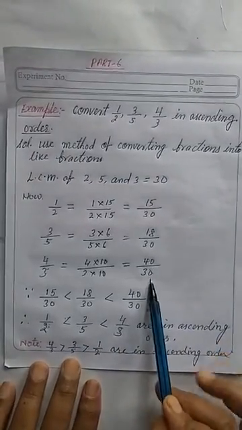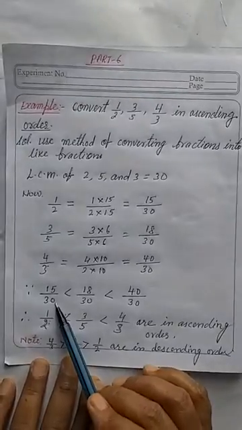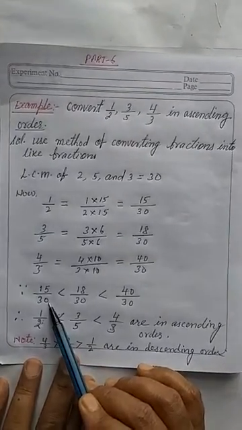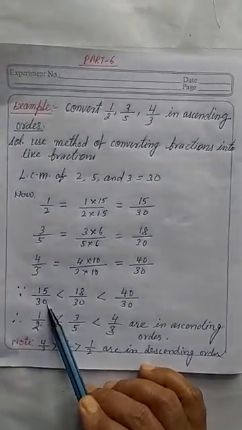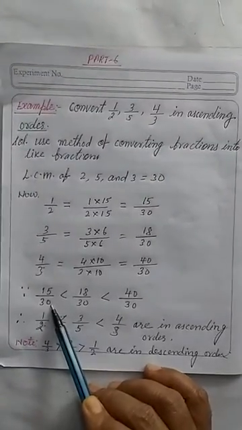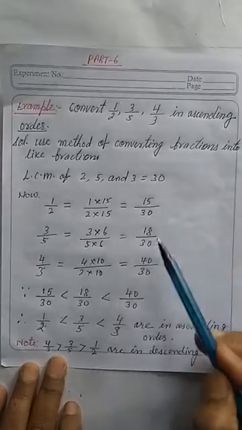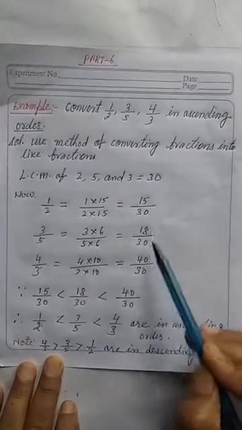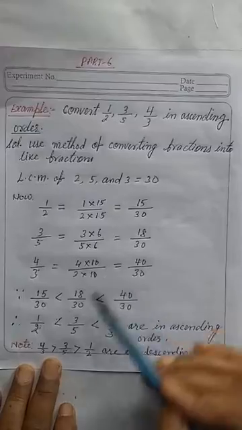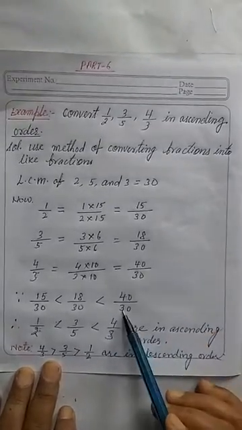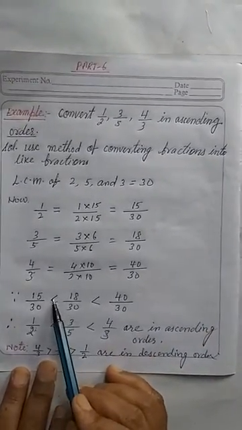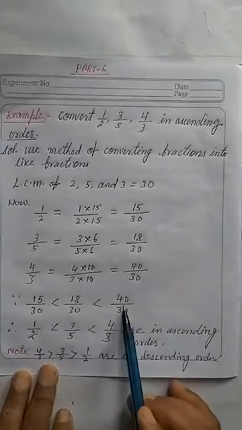Now in this way we have to arrange in ascending order. What does ascending mean? Lowest to biggest, smaller to bigger. So write down 15, then 18, then 40: 15 upon 30, 18 upon 30, 40 upon 30. This is ascending order, which means smaller to bigger.